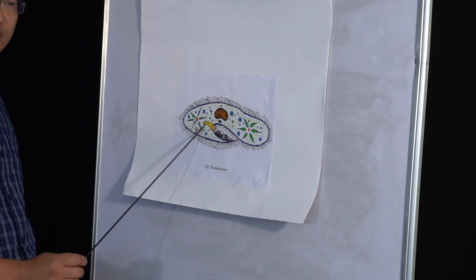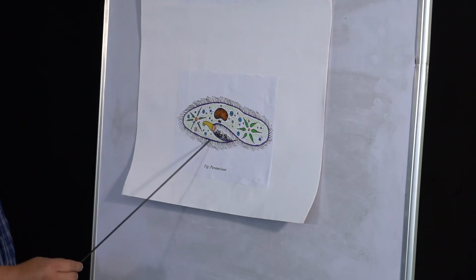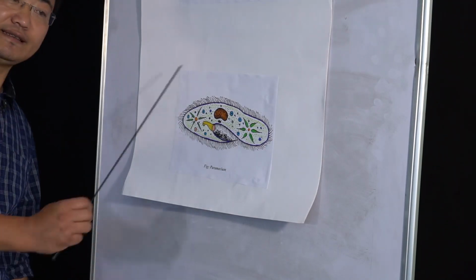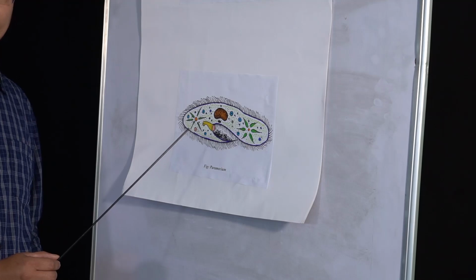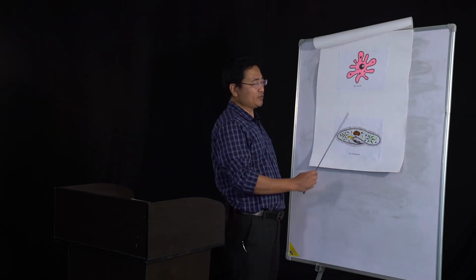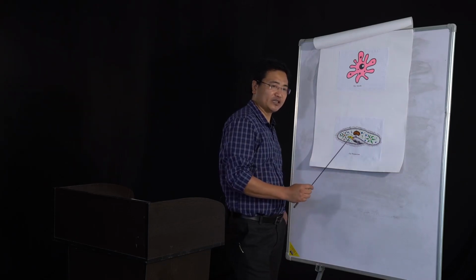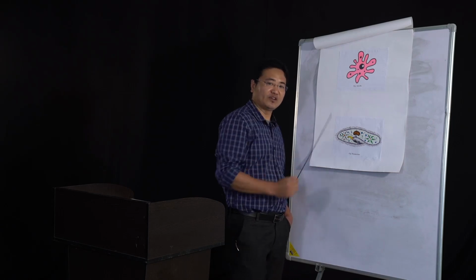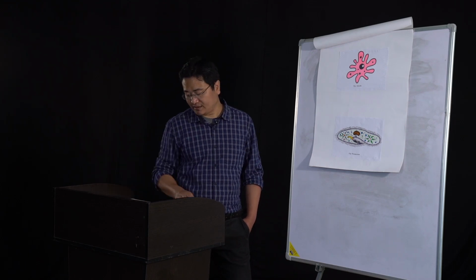Even though this is a single-celled organism, you find that the shape of unicellular organisms can be of different types.